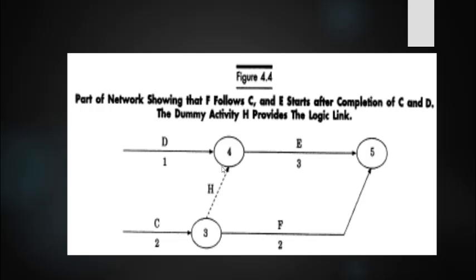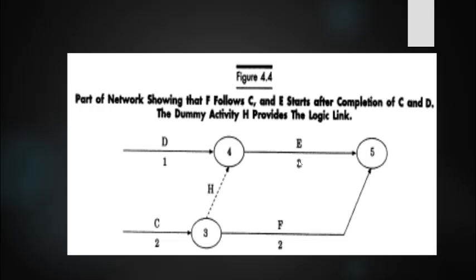That means a logical relationship is there between C and D. After the completion of these two activities only, the next activity E will be started. That's why we have represented it with a dotted arrow pointed towards event 4. So when C and D are completed, then you can start E.